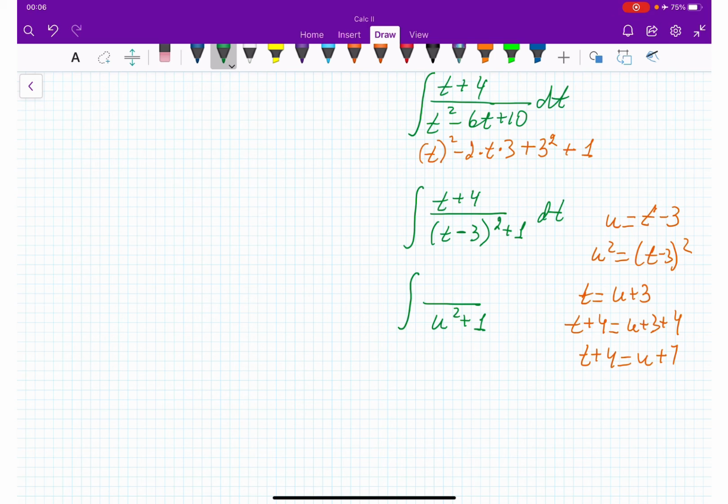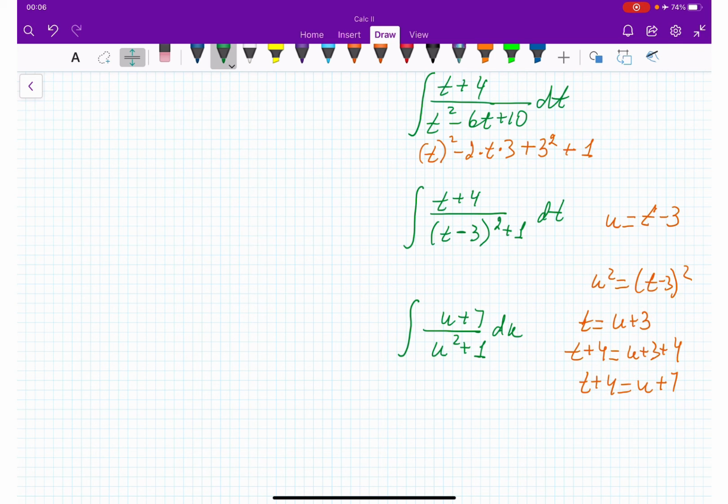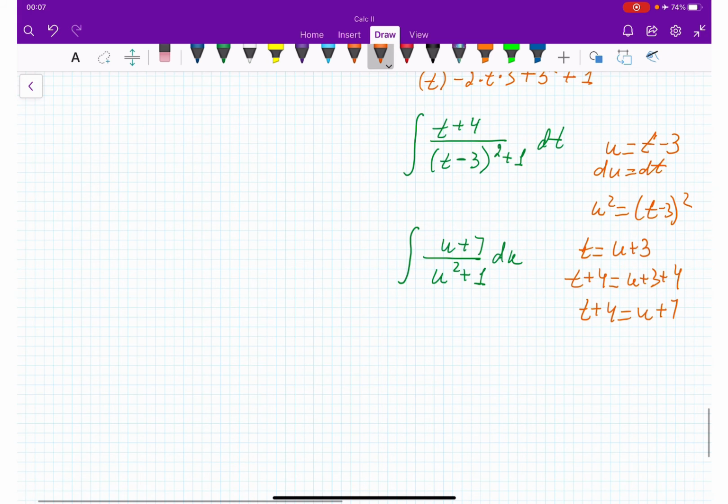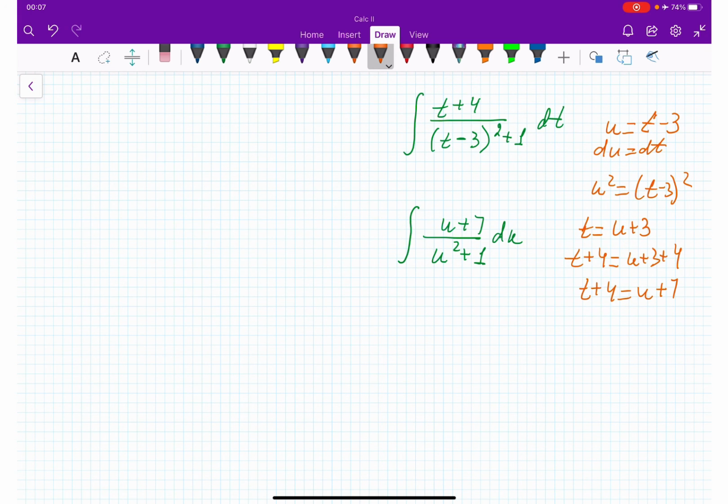So here I'm getting u plus 7 du, because if I take the derivative here, let me see, du is going to be only dt, correct? So therefore I have du. All right, so from here I'm going to break down u and 7.